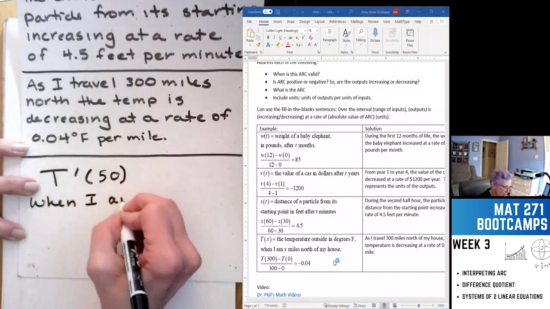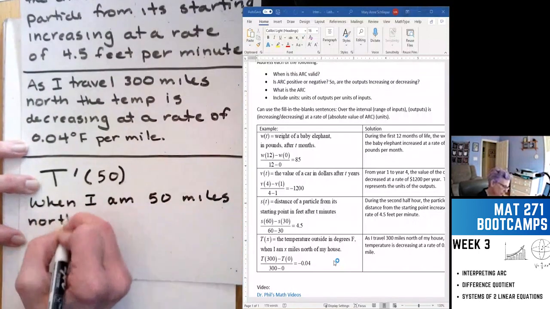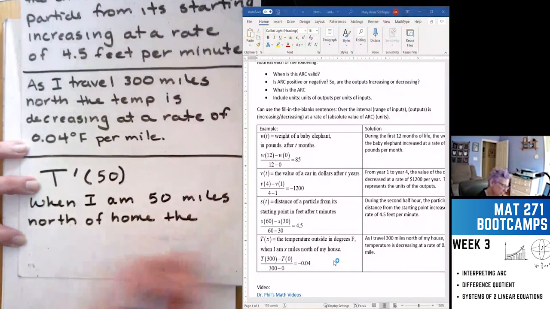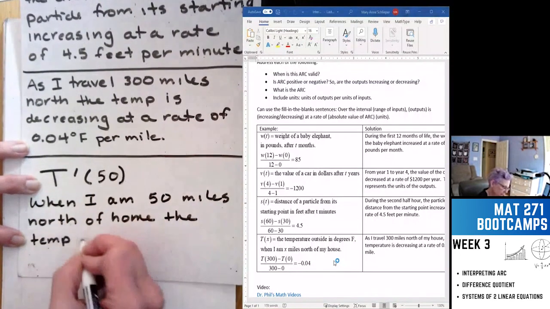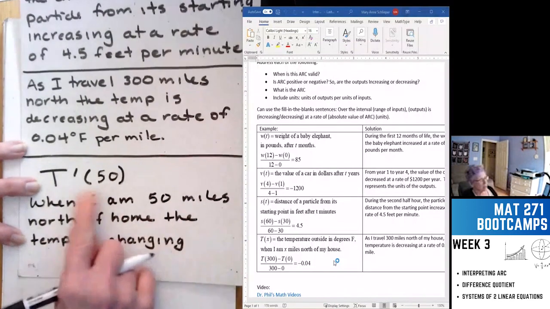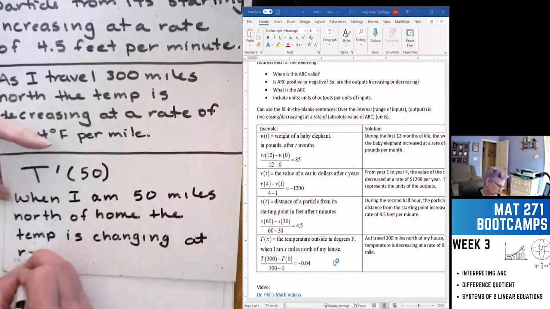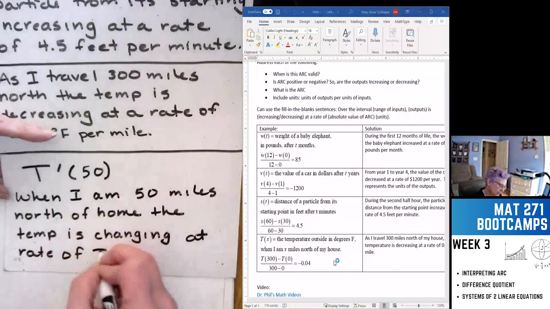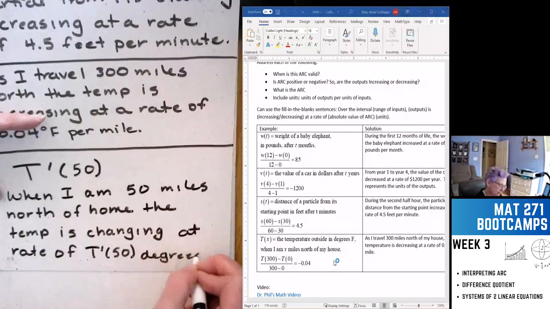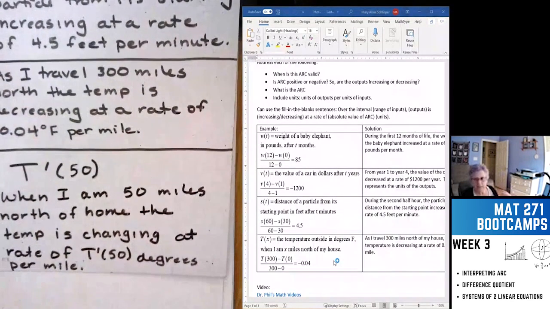When I am 50 miles north of home, the temperature outside the car is changing, because looking at this, I don't know if it's positive or negative, at a rate of T prime of 50 degrees per mile. So it's the same format.